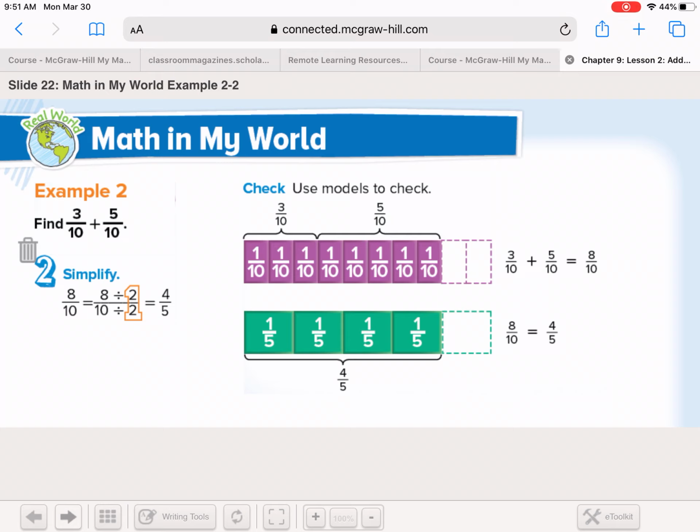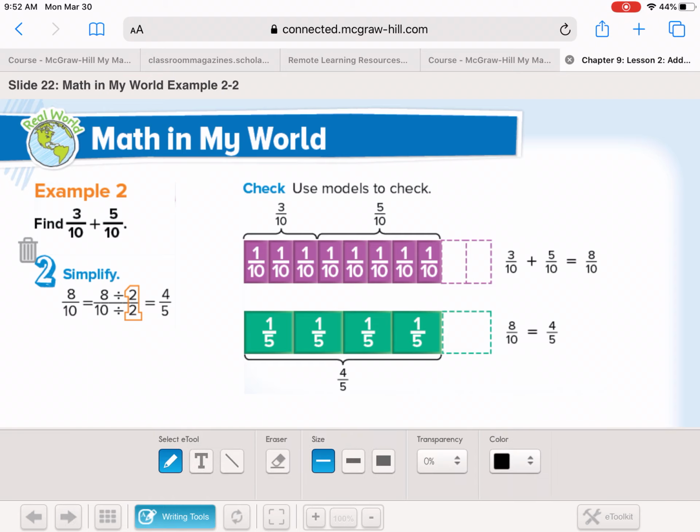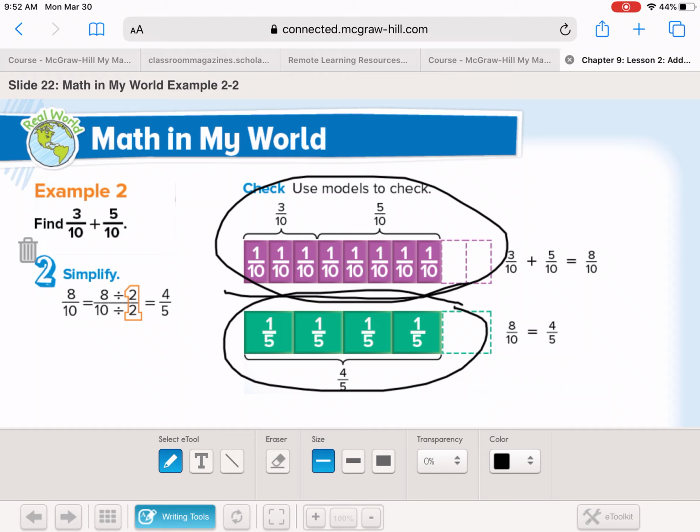So they're trying to explain to you that 4/5 is exactly the same size as 8/10. What do you notice about this? That the tenths are cut up into smaller pieces, right? The fifths are the bigger pieces.